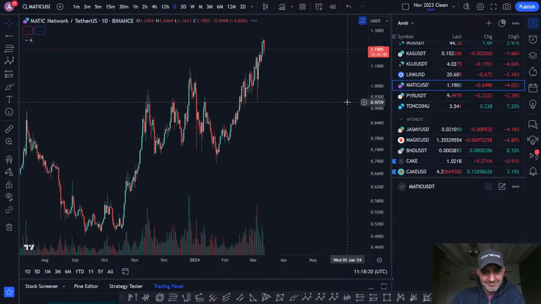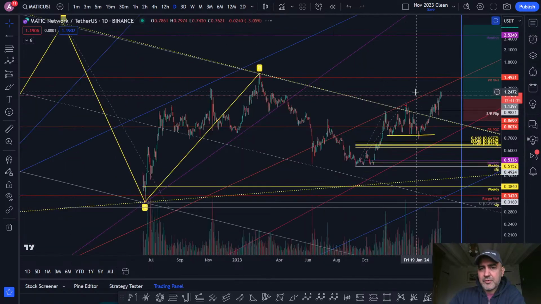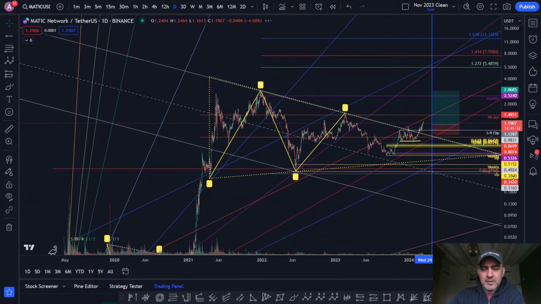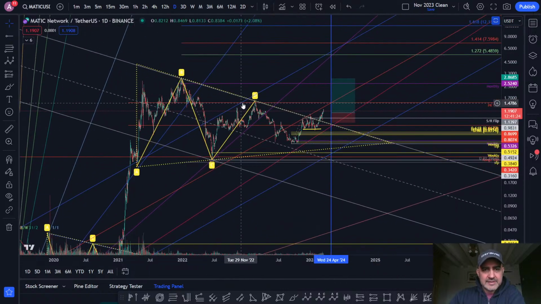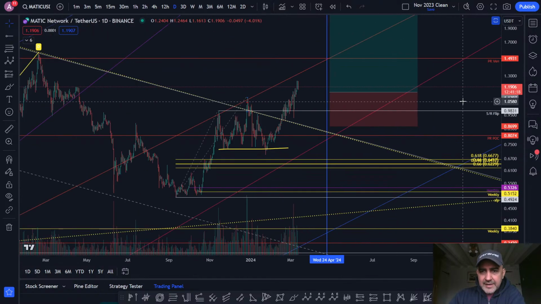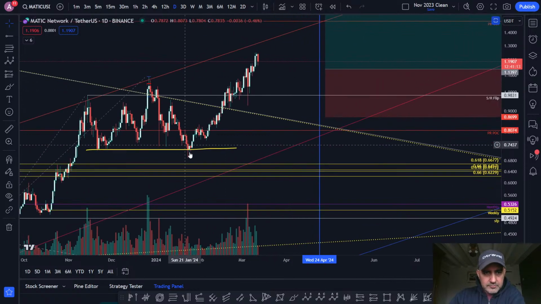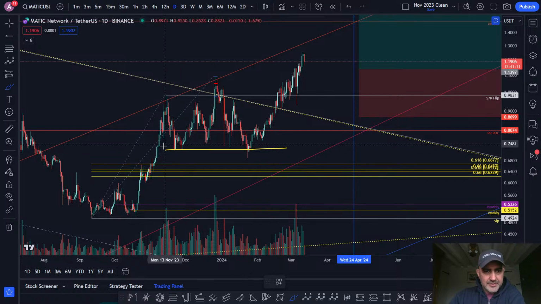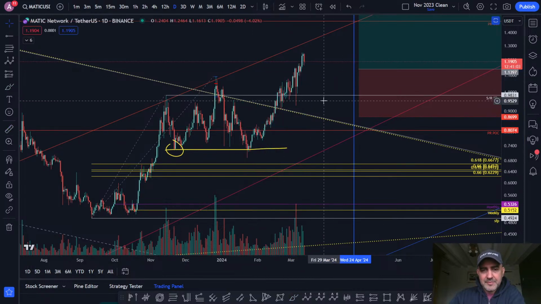Matic. Matic's also kind of broken out of this higher time frame triangle. I had one here. You had this triangle here where it broke out. You had this kind of extended consolidation period, and effectively what we're seeing with Matic is it came down into this, took out the liquidity from here, and ever since it did that, it's up 58%.